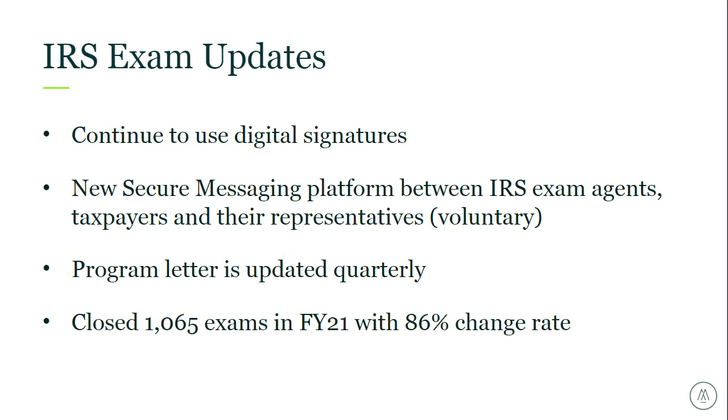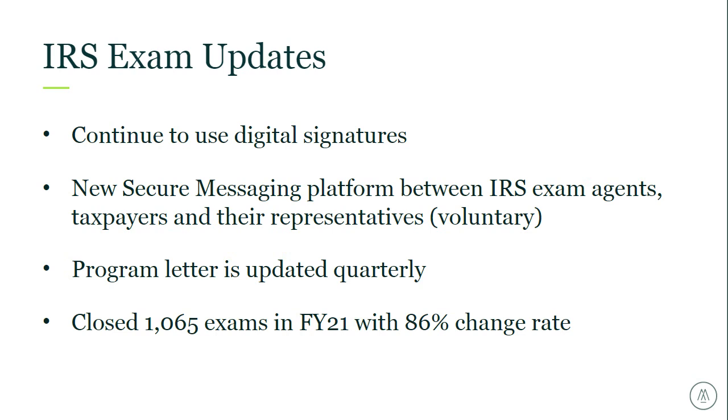The statistics down below: the closed exams in fiscal year 2021 was as of essentially March, with an 86% change rate, meaning that 86% of those cases turned into some sort of changes to the Form 990, 990-T, and other related forms that the IRS agents were looking into. So a pretty large amount, and this was just cases as of early this year, so we can probably expect more cases throughout the year.